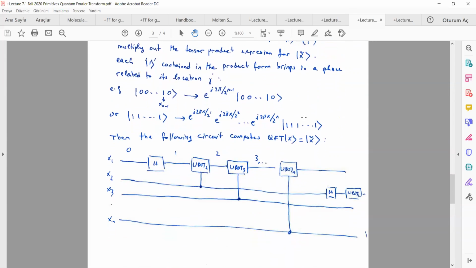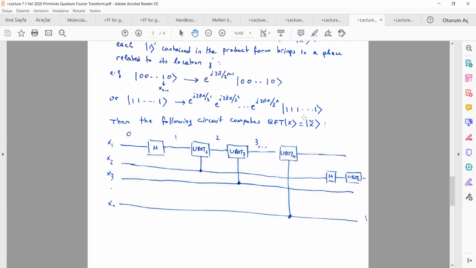Okay. So this can directly translate to a quantum circuit as follows. This circuit, we claim, computes the quantum Fourier transform of an input state ket x and obtains ket x tilde.